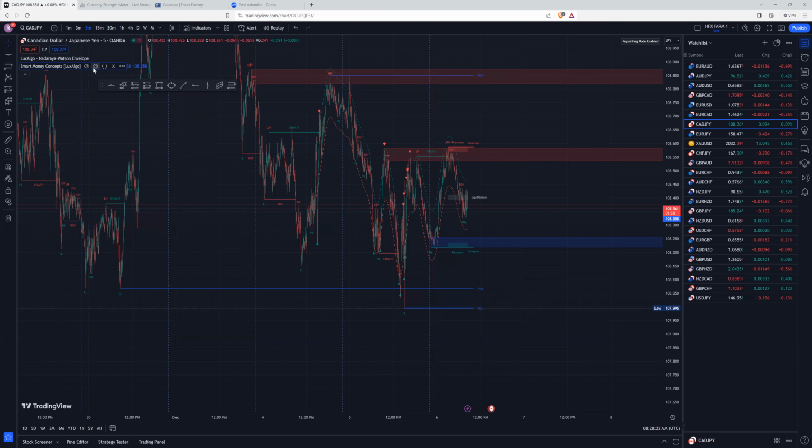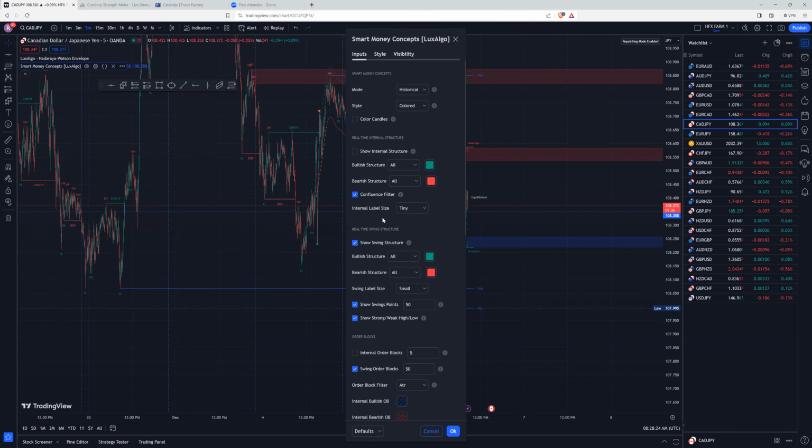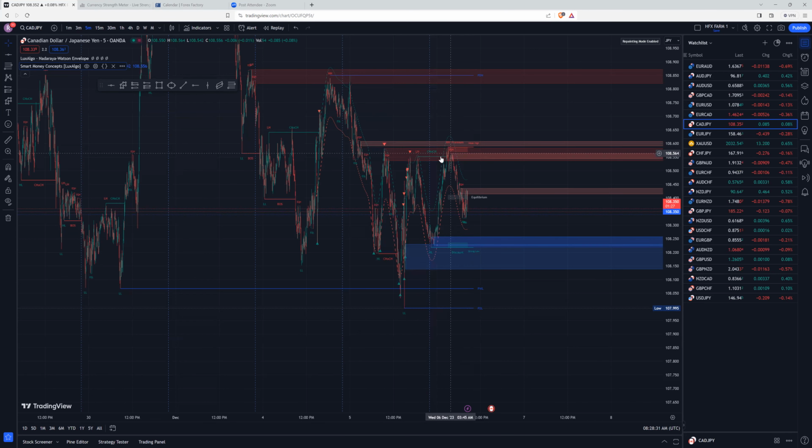So for us to get the confluence, if we turn on internal structure, we'll see the confluence pop up. So internal order block, good. This is it. You see, with internal order block now, you get confluence. This is the major order block, and this is the internal order block. So with confluence, you get it popping up.